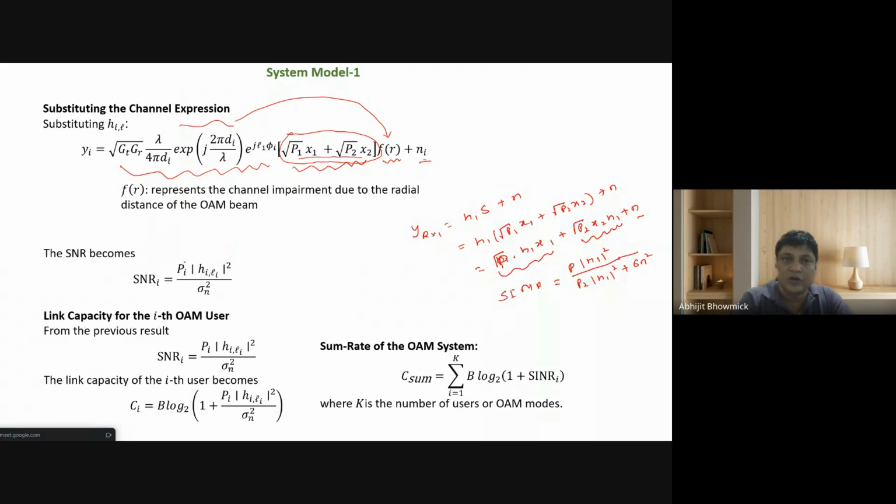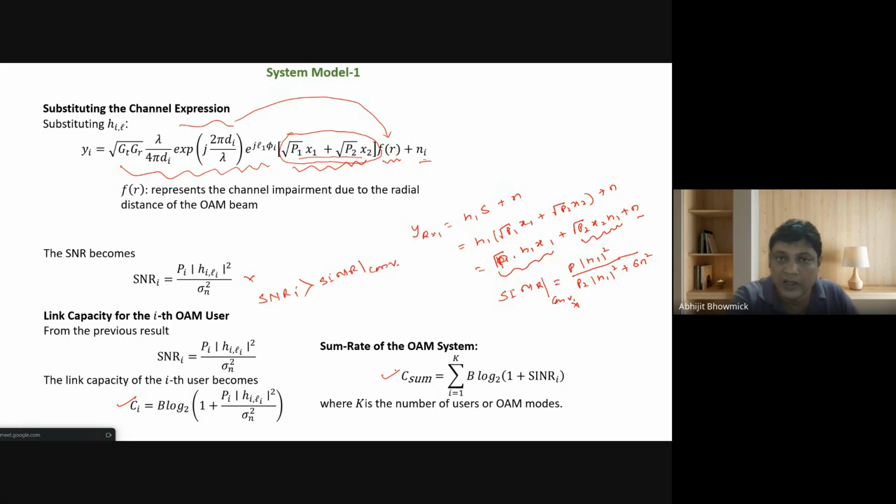If you compare this one and this one, this is the conventional system. You can see that the SNR for OAM is much greater than the SINR for the conventional system. Since the SNR is high for wave transmission, obviously the link capacity for each user would be high and the sum rate would be high.